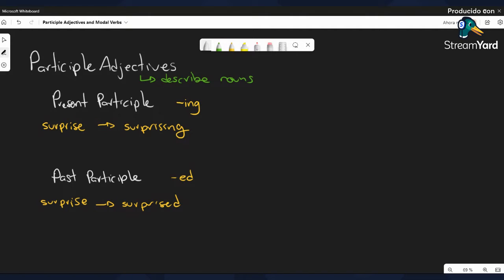So let me give an example using surprising. For example, we can say, the game yesterday was surprising. As you can see here, I'm using the ing form. The game yesterday was surprising.